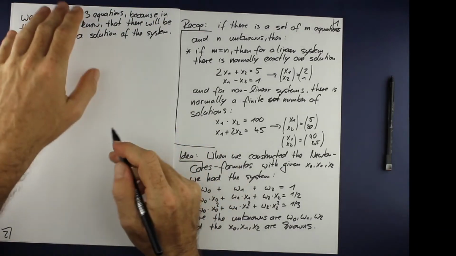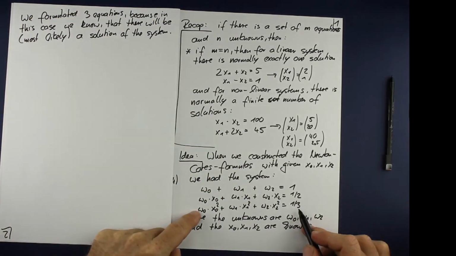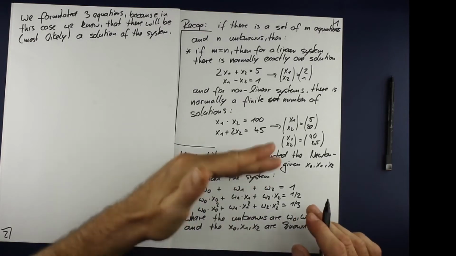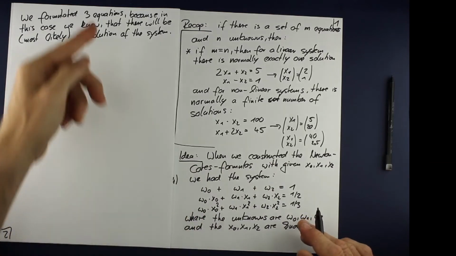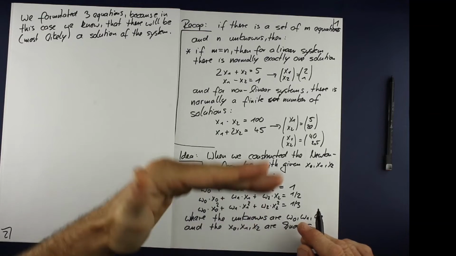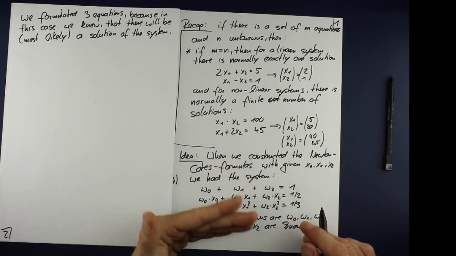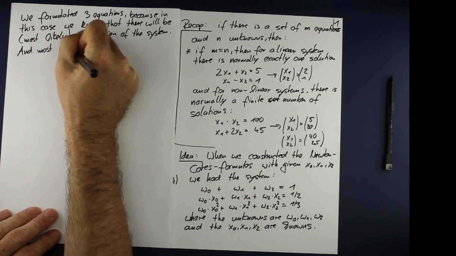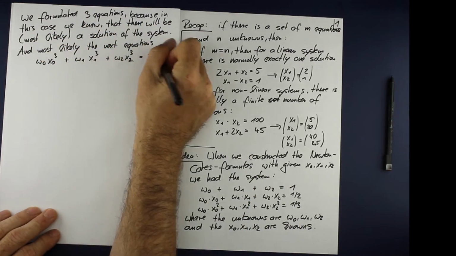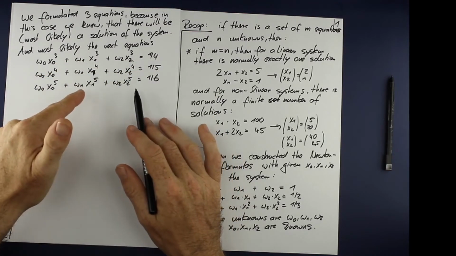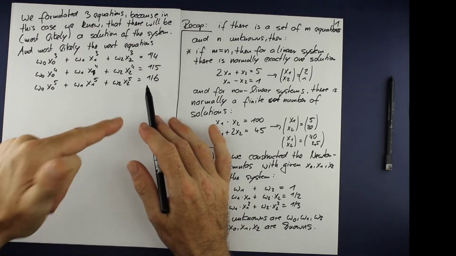So we formulated these three equations and not a fourth, a fifth, and a sixth one, because we expected that with three equations there will be a solution, and with 4 or 5 or even 6 equations there will be no solution. So these equations cannot be satisfied, most likely.